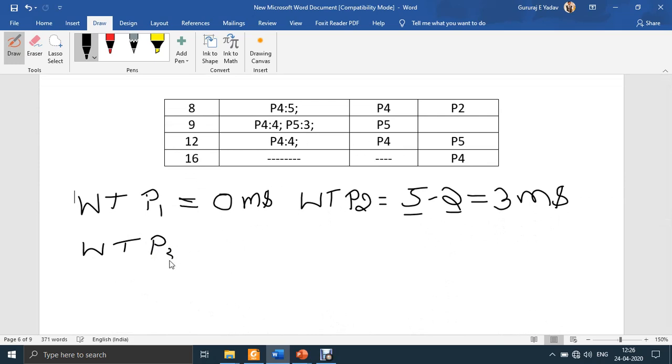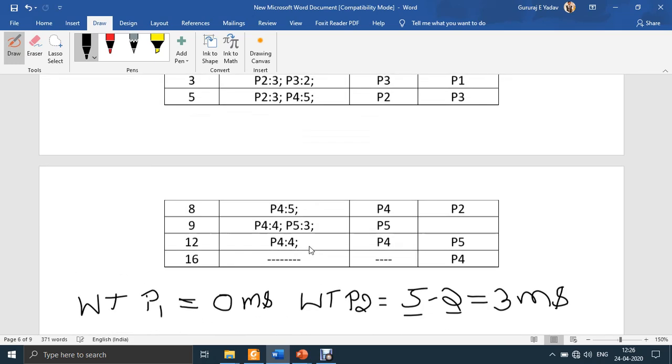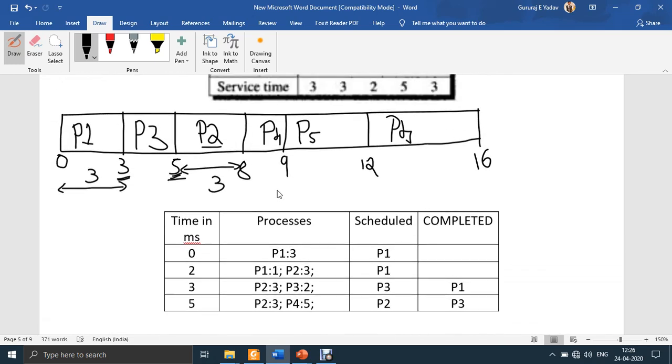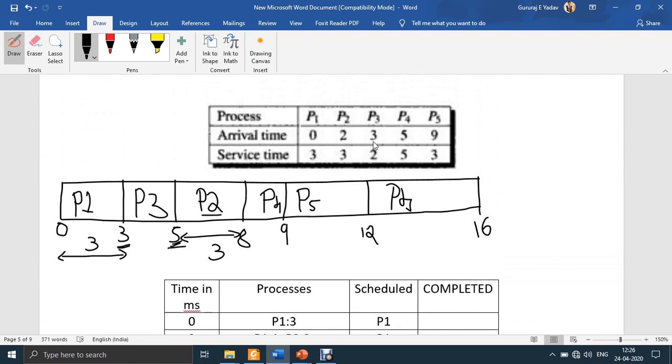Now we'll come to the waiting time of P3. P3 came at 3, and you gave it the chance to execute at 3 itself. Once you scheduled it, if you see the schedule, it is never rescheduled again. That means it completed in one stretch, from 3 to 5.